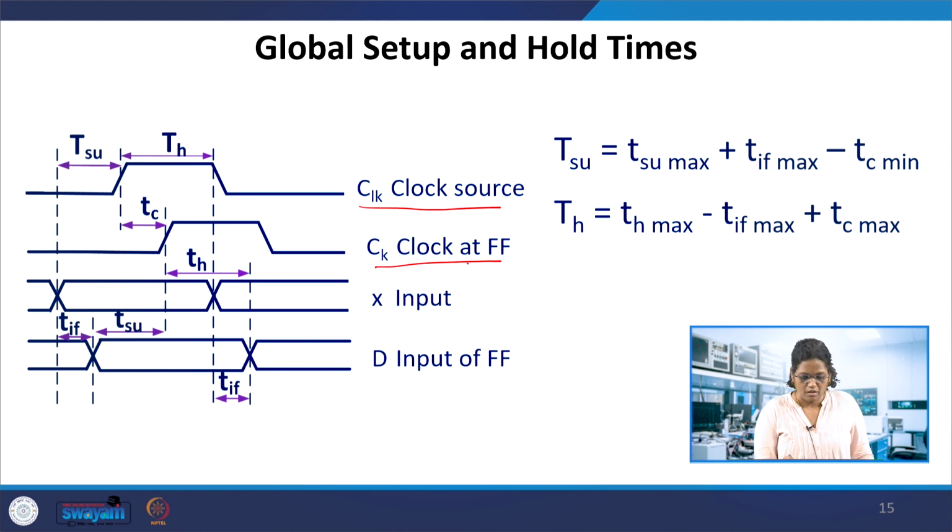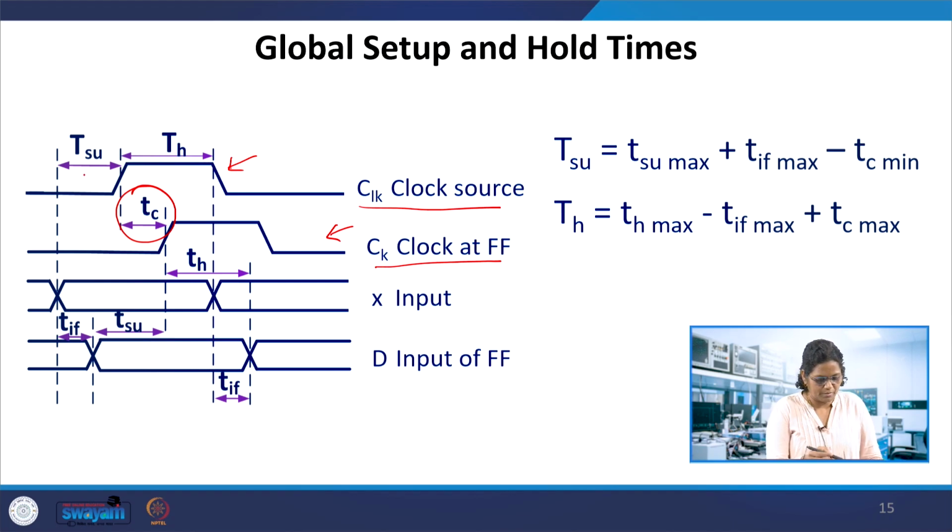So what is the difference if there is any delay between these two? This is the clock at the source and this is the clock at the flip flop. There is a delay between these two clocks, that is clock delay, TCV. But the flip flop sees only this clock, with the delay from the global clock.